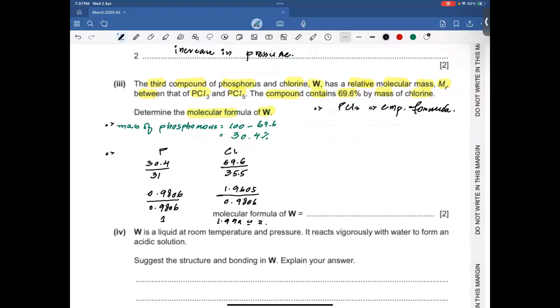Molecular mass is not given in the question. So according to my instruction, if molecular mass is not given and the examiner is looking for the molecular formula, just double the empirical formula, you will get the molecular formula. So it's going to be P2Cl4.